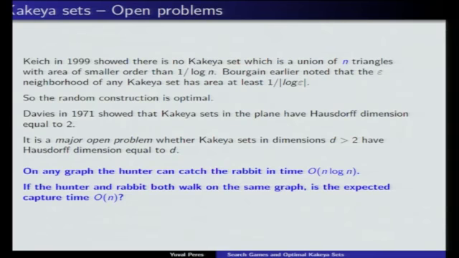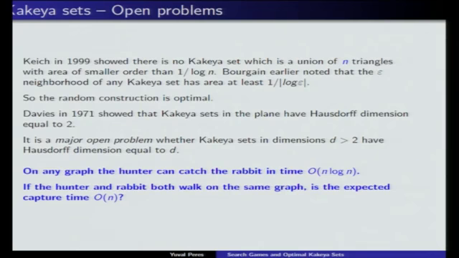And it's easy to build a Kakeya set of 0 volume just by taking the planar Kakeya set and lifting it, right? Take the product with a unit segment, you'll get a Kakeya set in R^3 with 0 volume. But is there a more interesting construction? Is there something of Hausdorff dimension lower than 3?